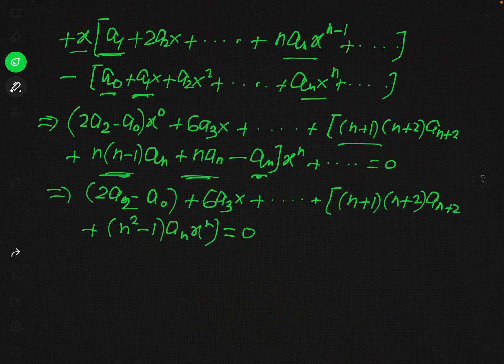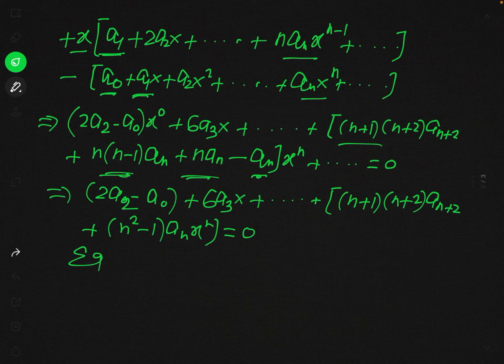Now this is an identity, so if it is equal to 0, definitely the coefficient of each power of x will be separately equal to 0. So now we will equate to 0 the various powers of x.